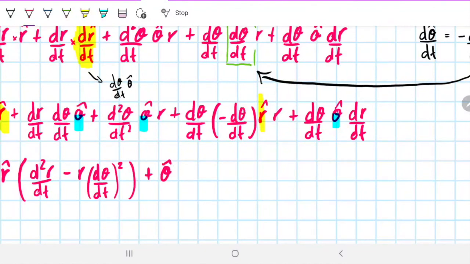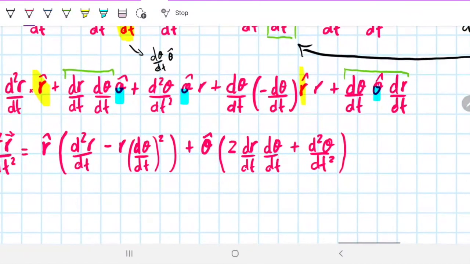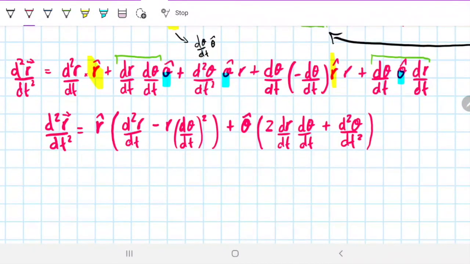What do we have? We have 2 times the same thing showing up, so we have the derivative of r dt and d theta dt over here, and also over here, so 2 times the derivative of r dt times d theta dt, plus r times the second derivative of theta in respect to time. Okay, and there you have it. That's actually the composition of the acceleration.